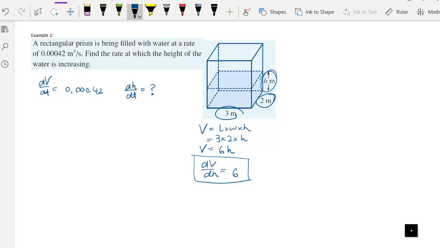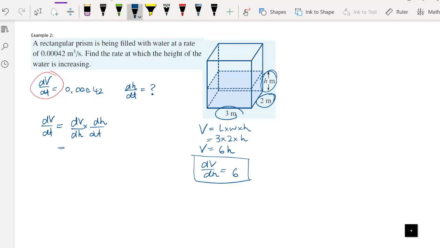We're trying to find dH/dt. Now, if you have to choose which one goes first, it's generally the one that has the rule. So we've got a rule of V with respect to h, right? So we want to start with this dV/dt, and we want to expand that out. Okay, so dV/dt is equal to, now we split the dV and the dt, and we'll fill in the third variable, which is h, so we've got our dh in there. So let's fill in everything we've got.